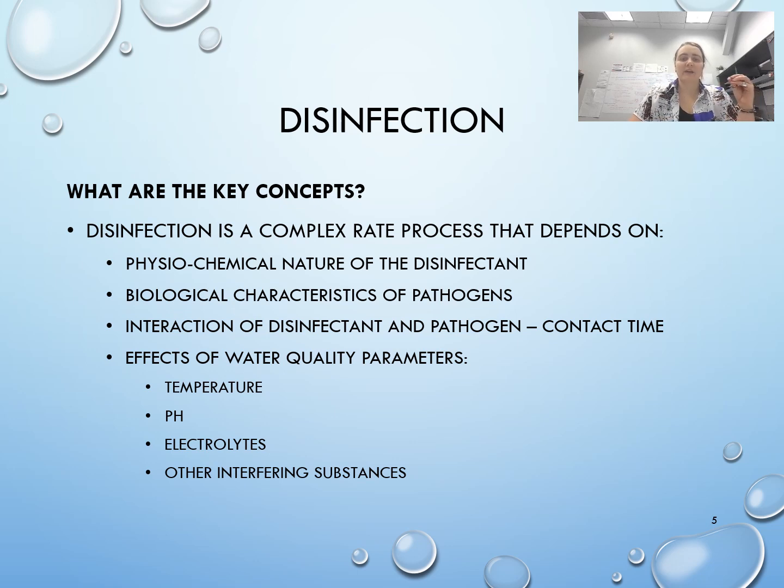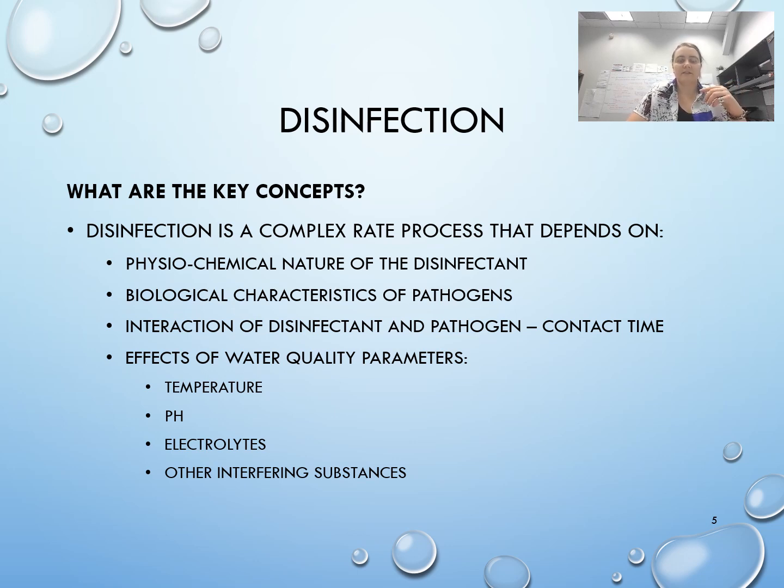It depends on the biological characteristics of the pathogens or microorganisms you're trying to get rid of. And it depends on the interaction between the disinfectant and the pathogen, which is related to contact time. Just putting a chemical in the water is not going to immediately kill everything there. We need a certain amount of time for that disinfectant to react in the system and have that contact time to actually come into contact with all of those microorganisms.